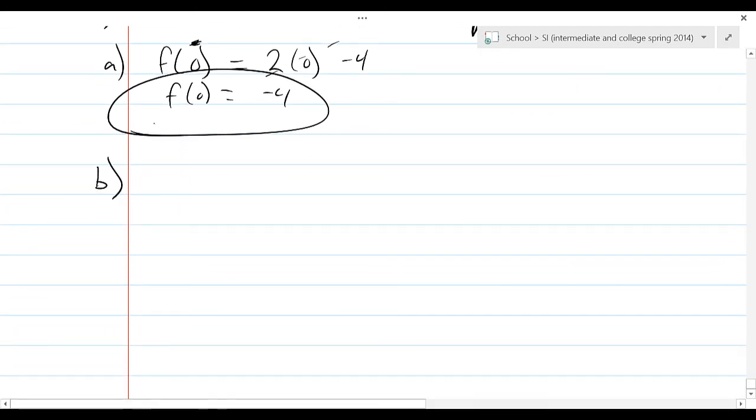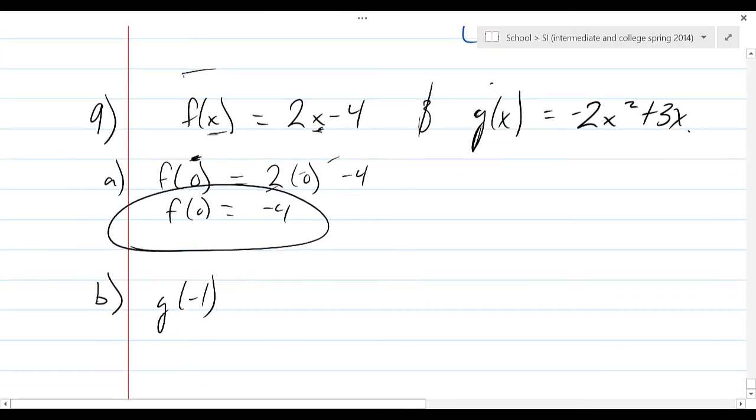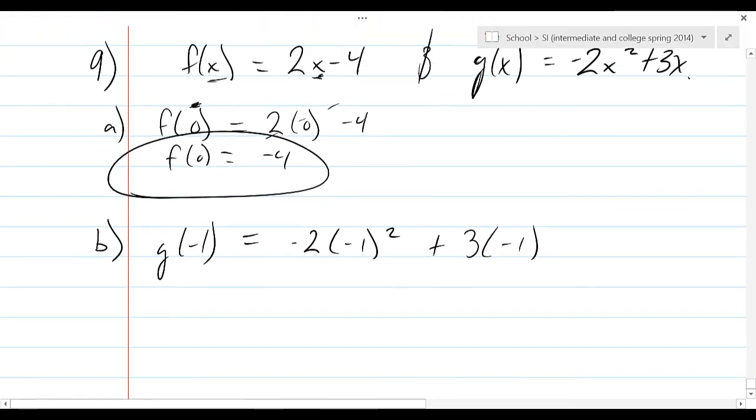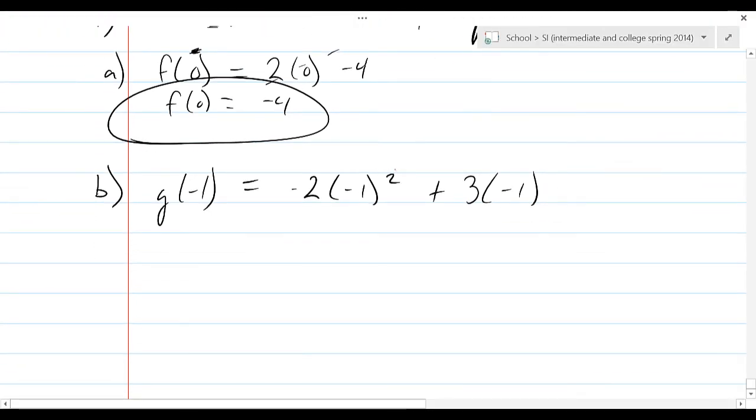B. The g of -1. Well, I'm going to replace my -1 with all these x's. So I've got -2 times (-1) squared plus 3 times -1. Well, we have to do it step by step, order of operations. (-1) squared first. -1 times -1 is equal to +1.